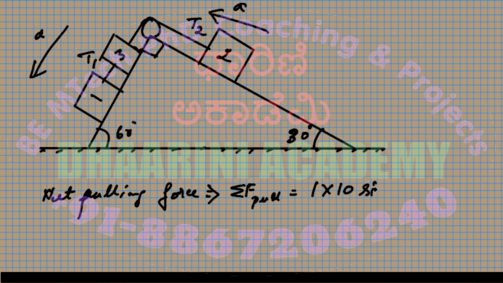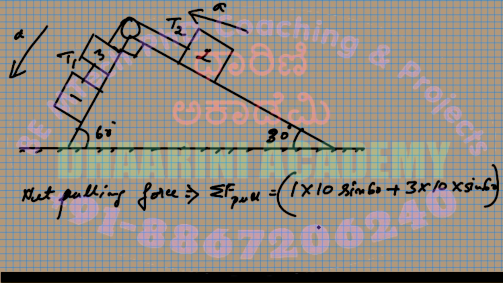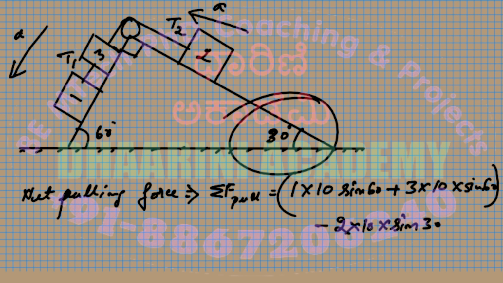So 60 degrees given, I can simply multiply by sine of 60. 1 into 10 sine 60, plus the next mass is 3 into 10, the acceleration due to gravity, into sine 60. Okay, that's the force that is on one side. Other side you subtract: minus 2 into 10 into, now you see it is sine of 30 degrees, because on the other side you have an angle given that is 30 degrees.